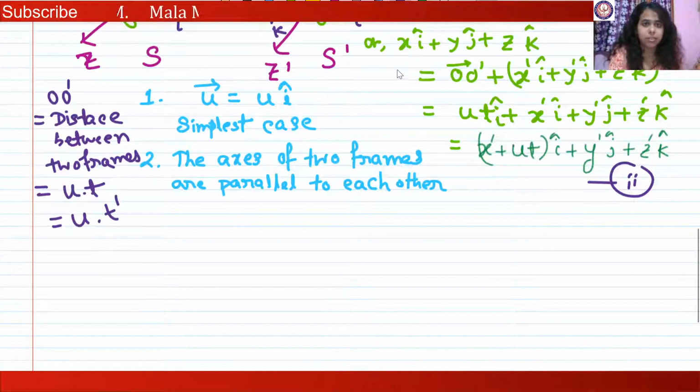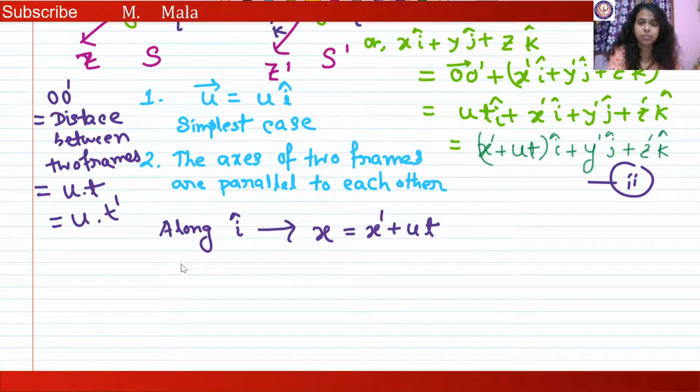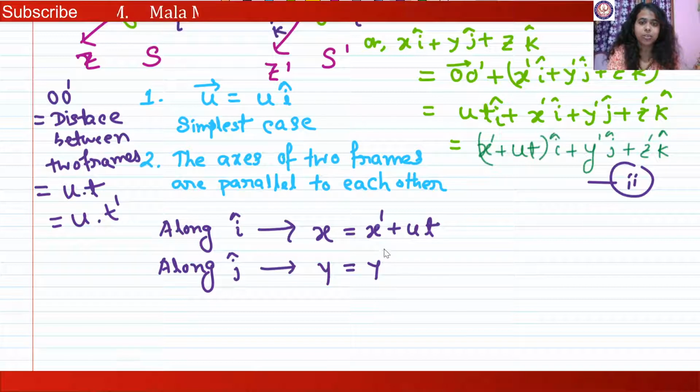Now, if I equate the directions on both sides, along i cap, what equation do I get? x is equal to x prime plus ut. If I compare both sides along j cap, what do I get? y is equal to y prime.